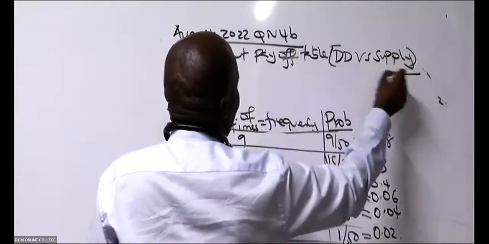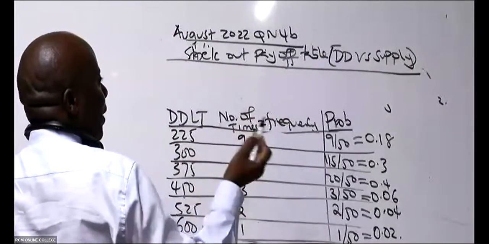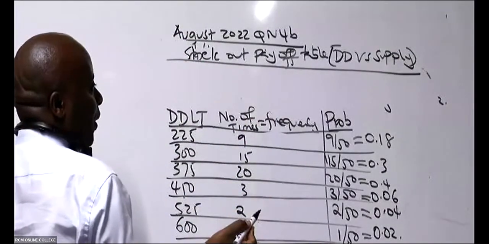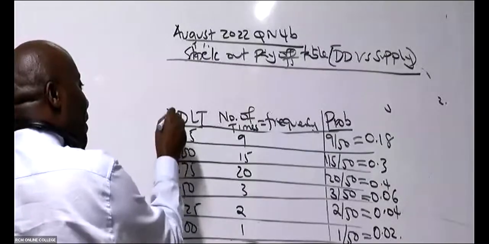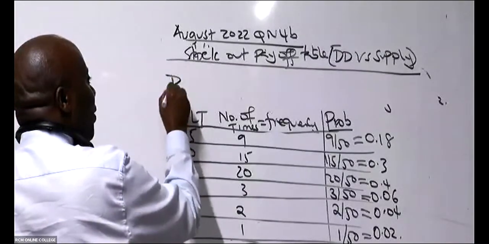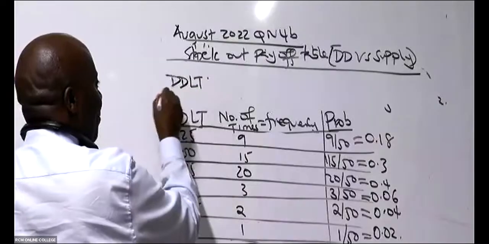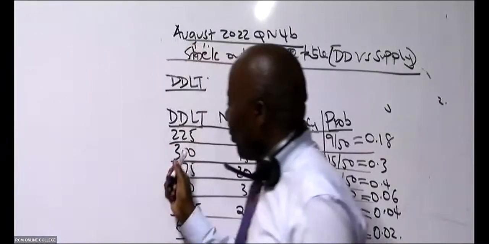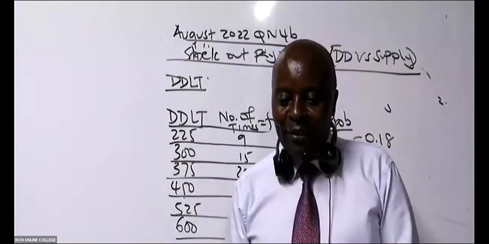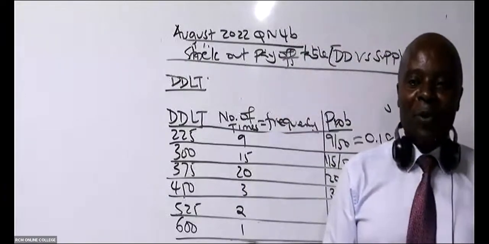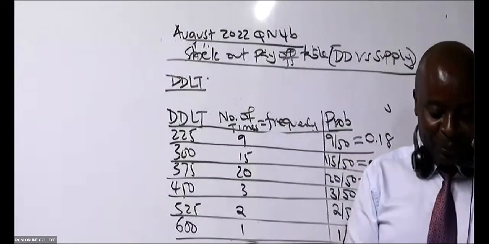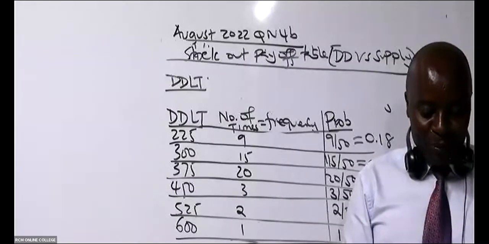Supply. You can call it demand supply table, whichever name you want to use. So you're going to copy this exactly here. You're going to have here your DDLT. But remember, this time round, I'm not going to start from 225. For this stock out payoff table, where should I start from?